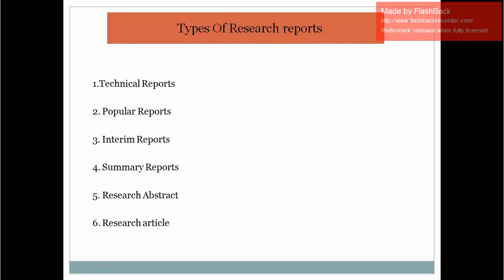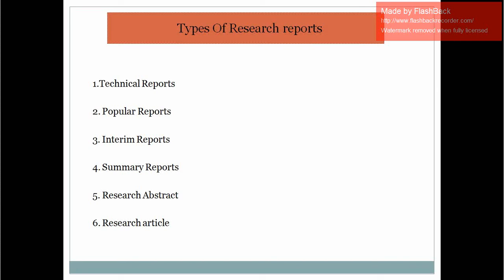Here the reader is just interested in studying quickly the major findings and conclusions. He is interested in applying the findings and decisions. So this report should be very clear, brief, straightforward. Complicated statistical techniques and tables need not be used. Instead, pictorial devices may be extensively used.